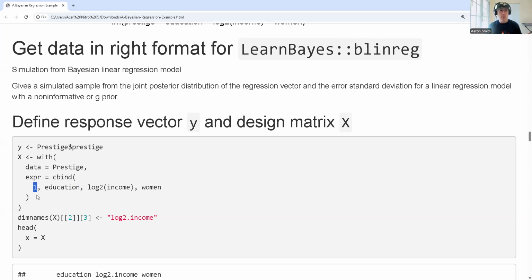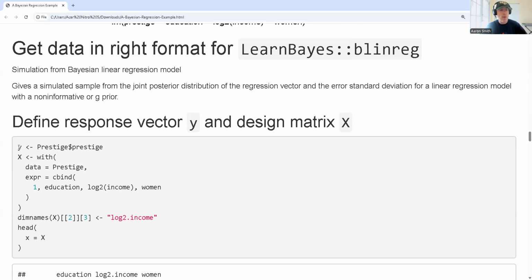It's super common to have X and Y as two separate objects in my modeling function as the inputs, but here including the intercept, a column of constant ones. You see that in a couple other places. It's not in the lm function, so just something to be aware of.